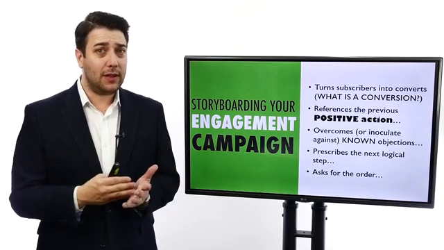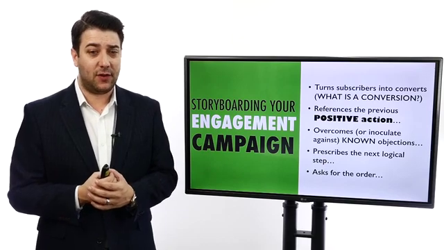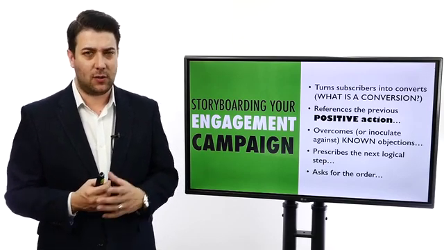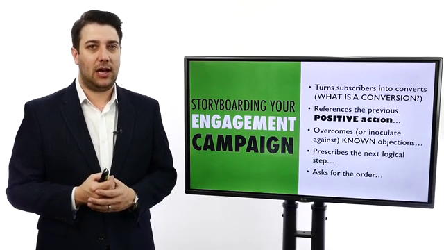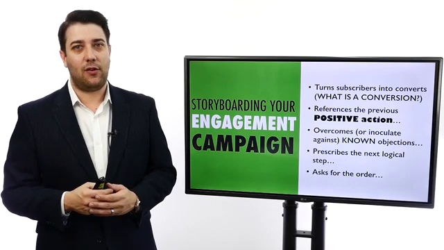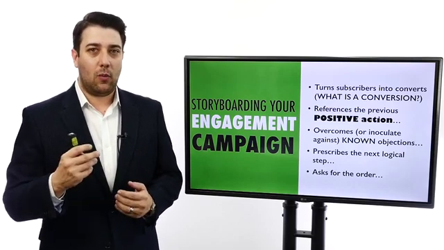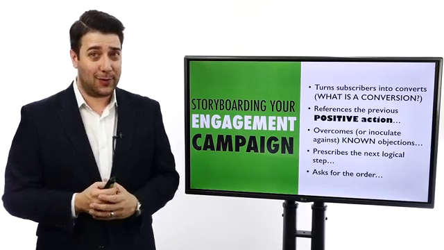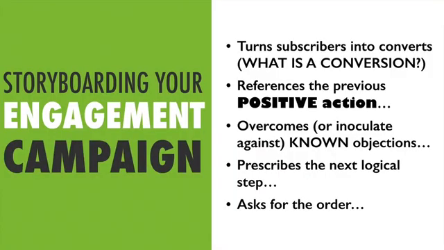Now the real important thing that this campaign is going to focus on is overcoming or inoculating against known objections. What are the known objections? We're going to talk a lot in email copywriting about how to figure out known objections, how to overcome those, and what phrasing to use. Now here's another big one. We're going to prescribe the next logical step.